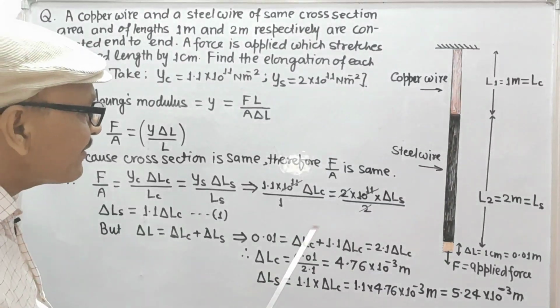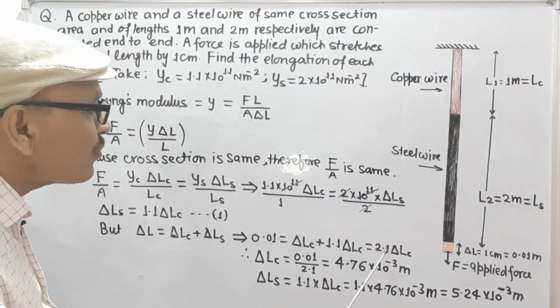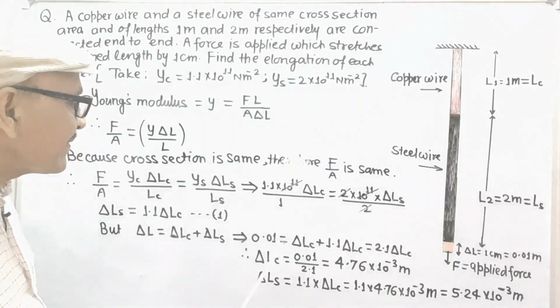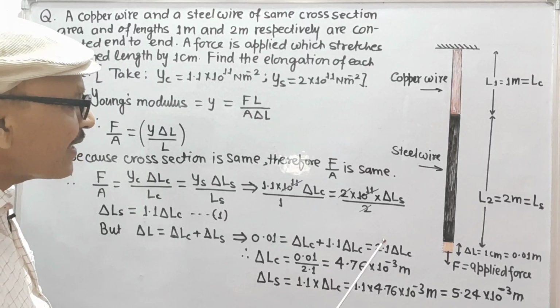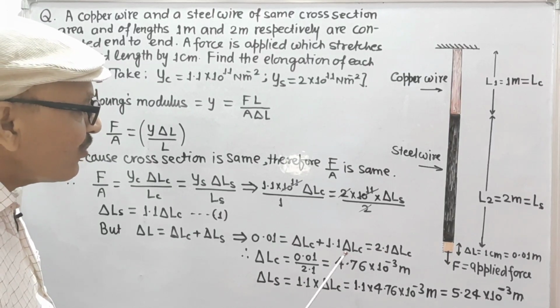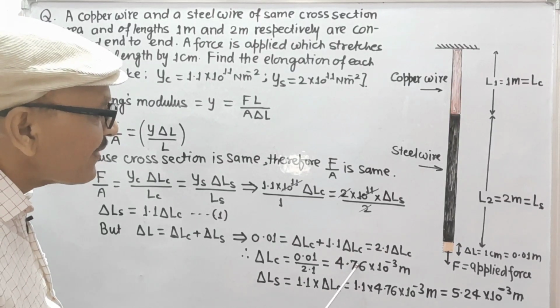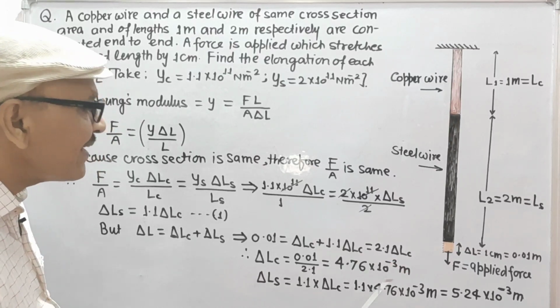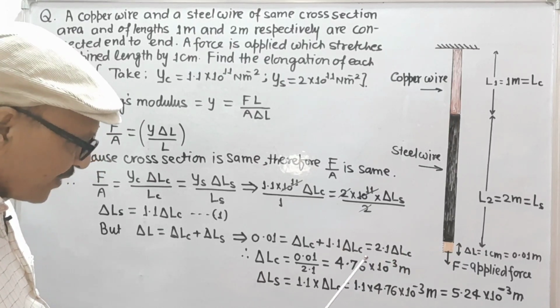So, it becomes 2.1 delta L copper, which gives delta L copper as 0.01 upon 2.1, which gives 4.76 into 10 to minus 3 meter. This is the elongation of the copper wire.